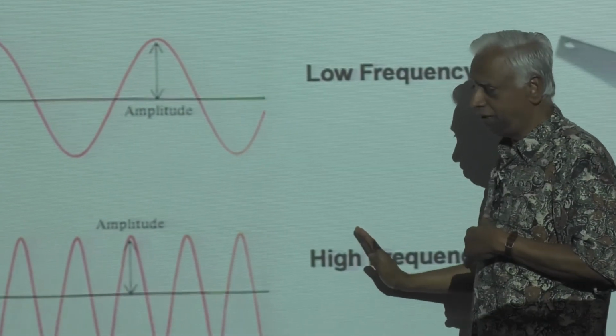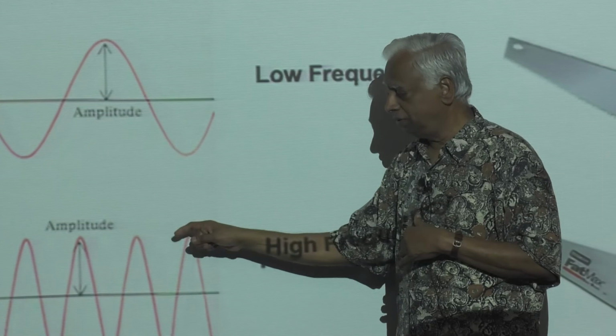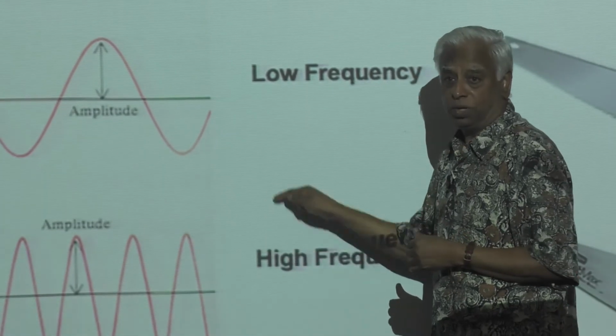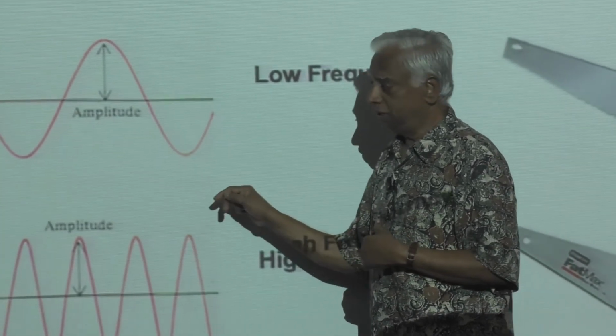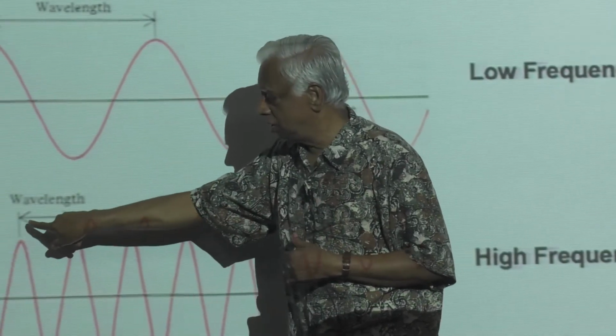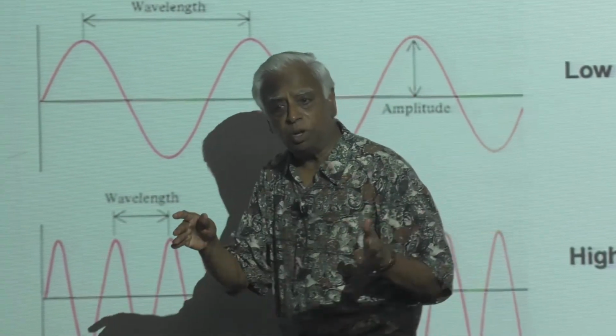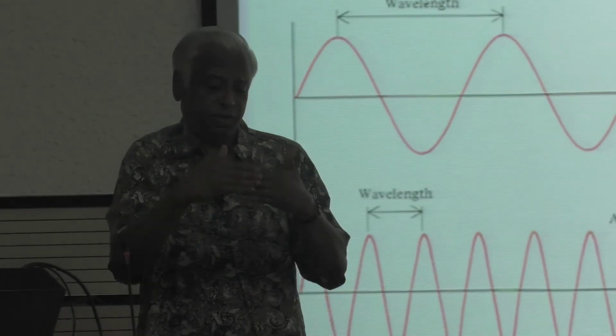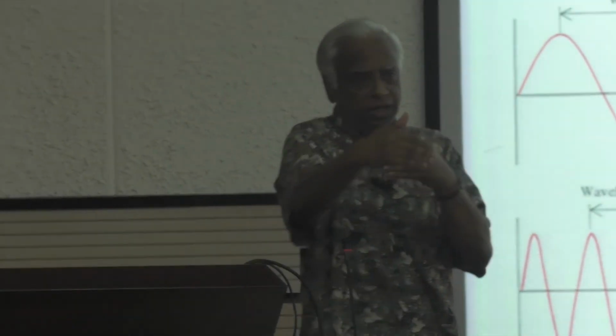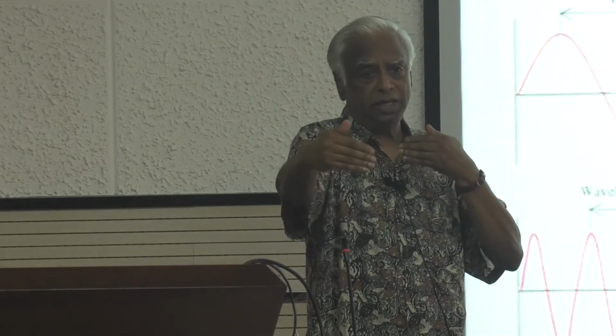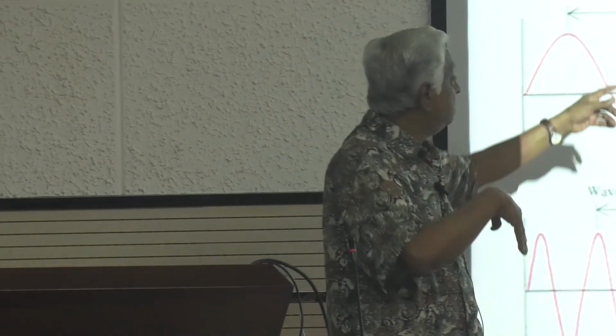If you stand here and look at this wave, this one will come very quickly, one after another. So the distance in this one is also wavelength. If it comes very quickly, that means a shorter wavelength. If it takes a long time to come one after another, that means a longer wavelength.